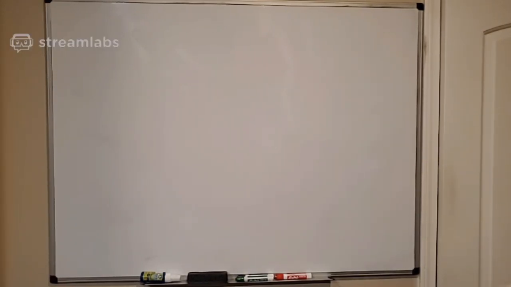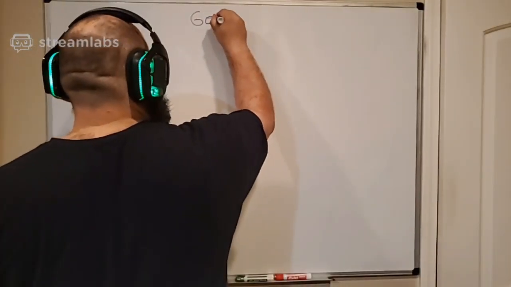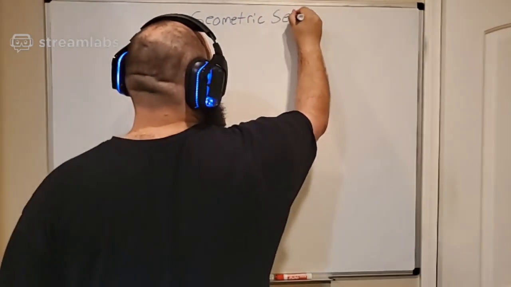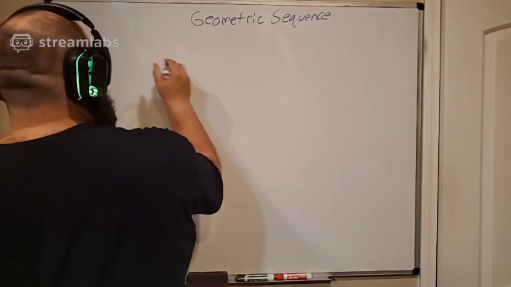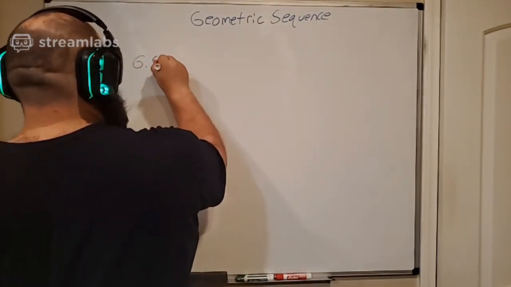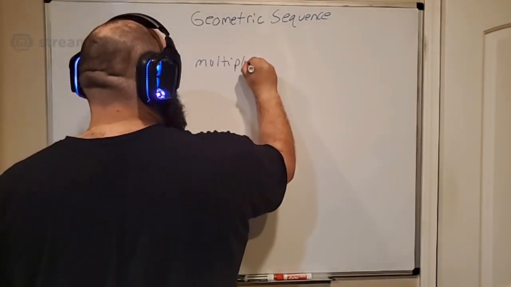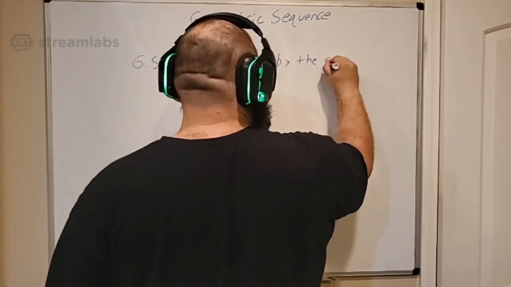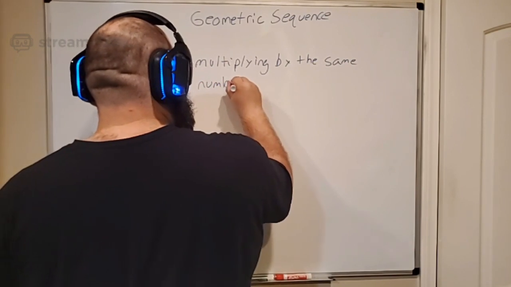Adding or subtracting the same number between two. Okay, so in our geometric sequences, it'll be a similar concept, except we're going to be multiplying. So a geometric sequence, which I'm going to abbreviate as GS, is multiplying by the same number each time.